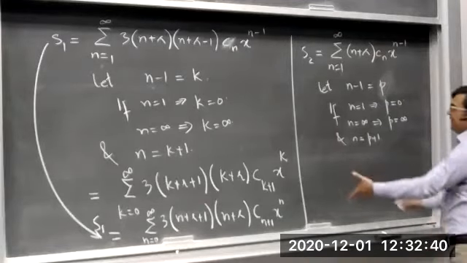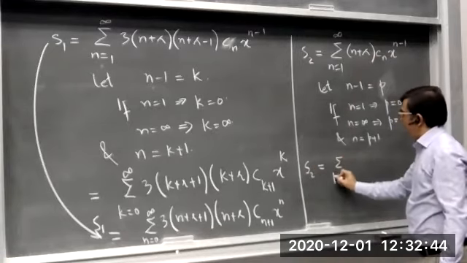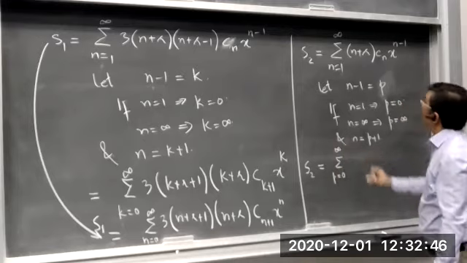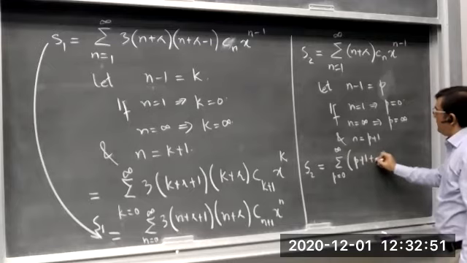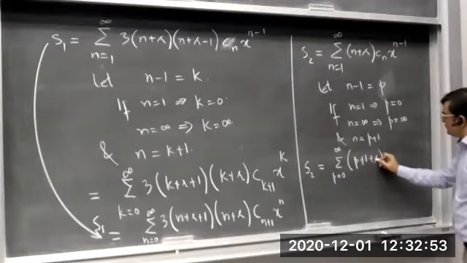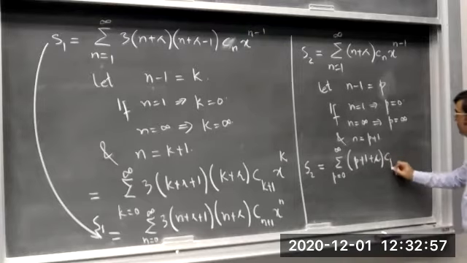So now we can write the series as summation p from 0 to infinity, and n is p plus 1 plus r, c p plus 1 and x power p.